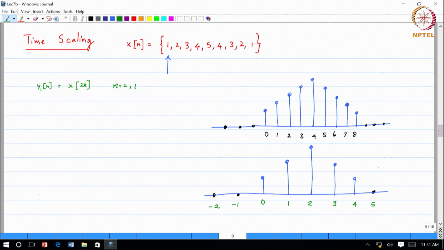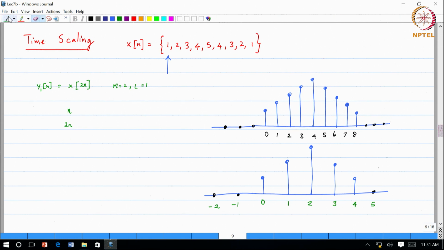Remember m by L, and in this case m is equal to 2, L is equal to 1. The easiest way is to write down your values of n, values of 2n, and then correspondingly find out the value of x of 2n.